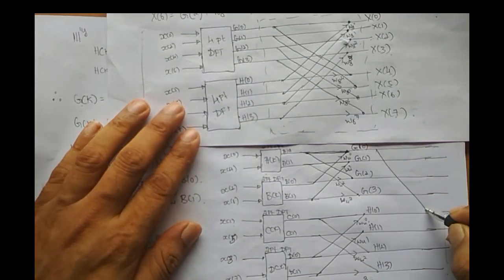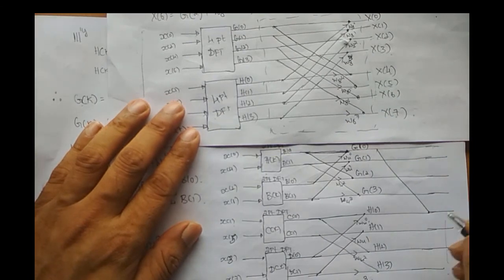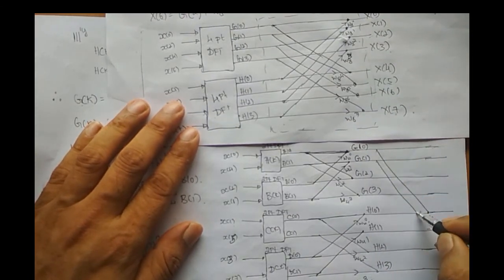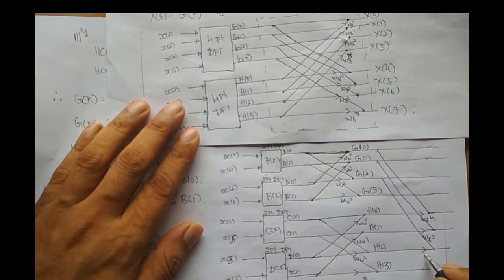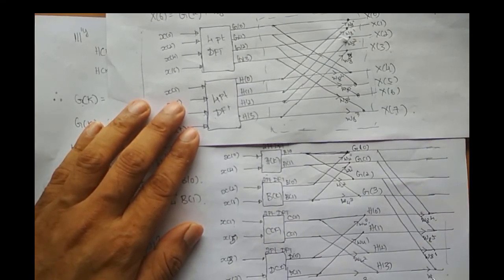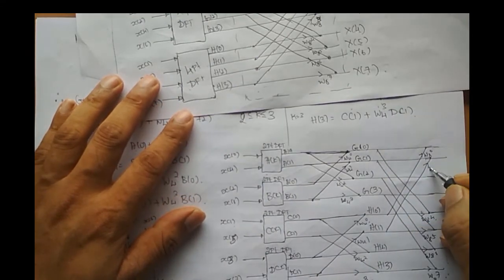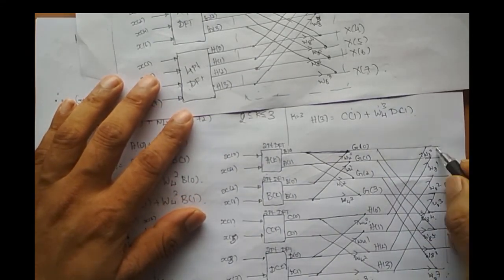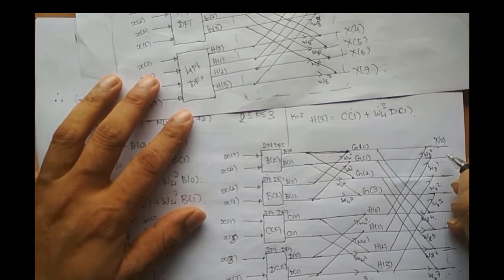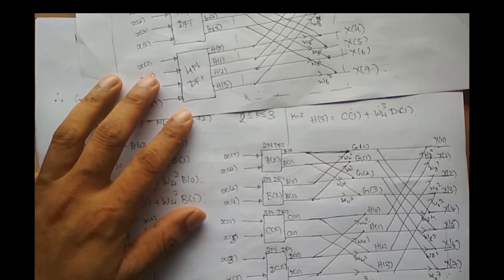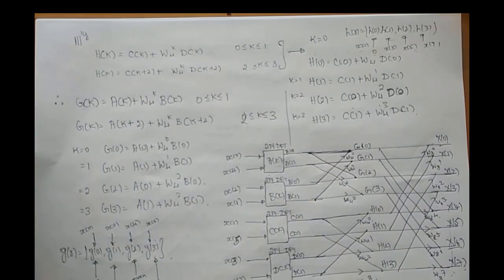So g of 0 goes to h of 0. X of 6, x of 7. Fine. So this is the second stage decomposition of the 8-point DIT FFT algorithm.